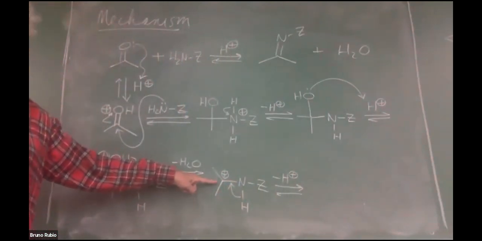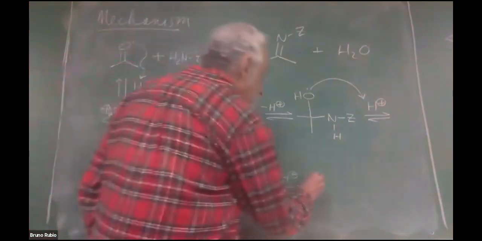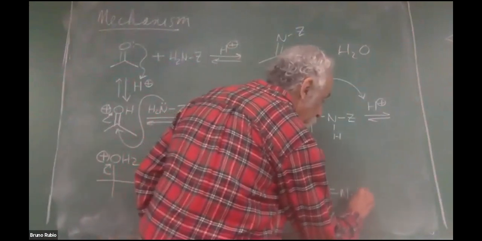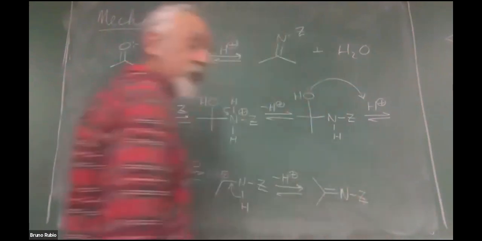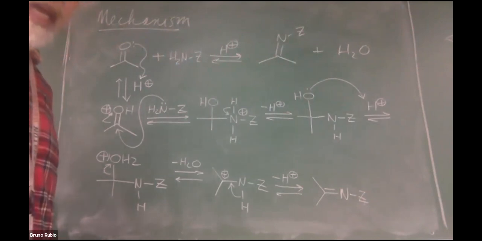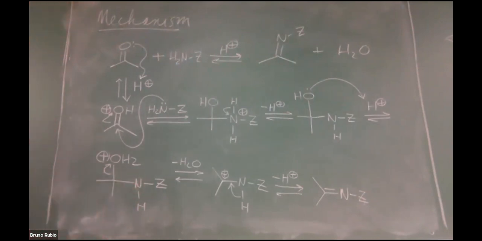Remember this carbocation here, it only has a sextet of valence electrons. And that new double bond is our new carbon-nitrogen bond in the imine. Okay, so that's the mechanism for the formation of the imine. And we see a lot of steps in this mechanism that are in common with the steps of the formation of the hemiacetal and the acetal.